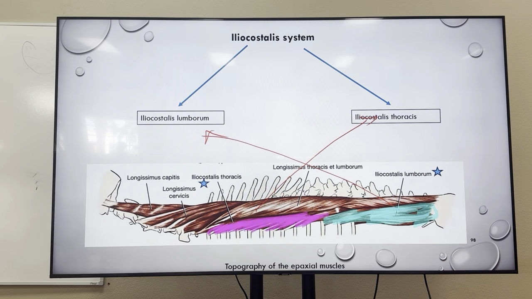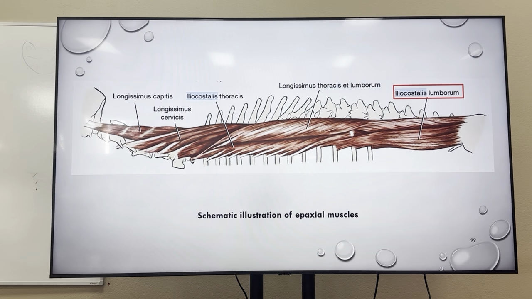They are associated with the ilium and the ribs, that is the costal. That is why they are called iliocostalis. So iliocostalis lumborum originates from the wing of the ilium.